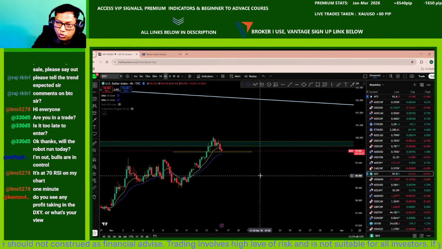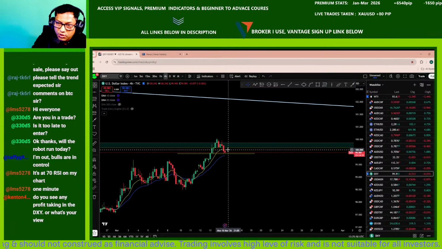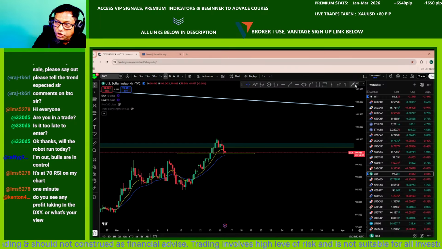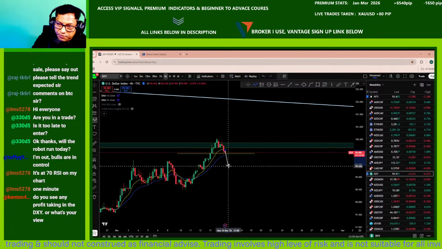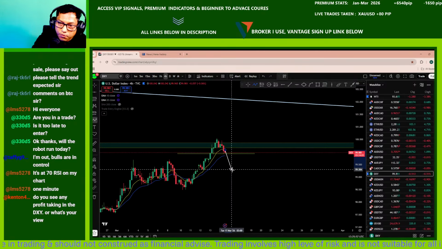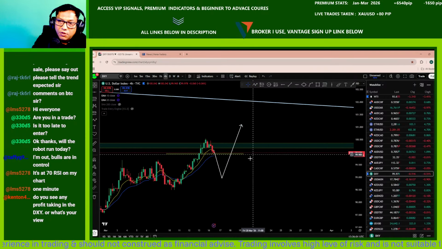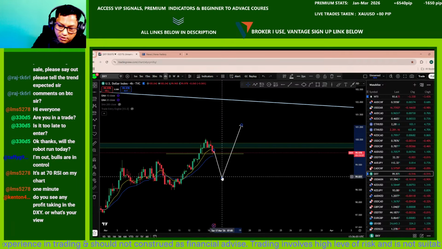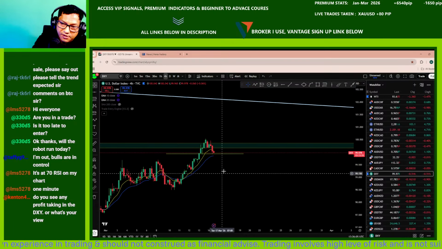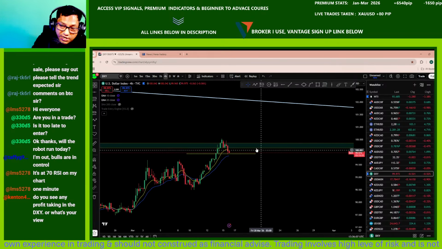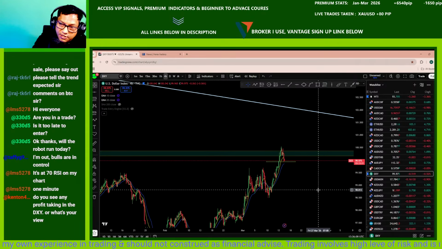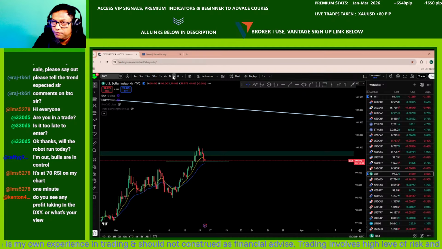So what we could see on DXY now is potentially a dip here, and that dip could be going back to this order block before it bounces back up. Once we see the market dip, and if it shows bullish price action again, then you can consider that this market trend continues.